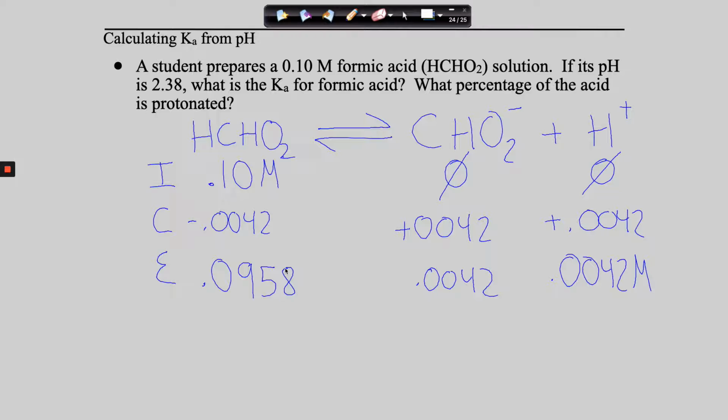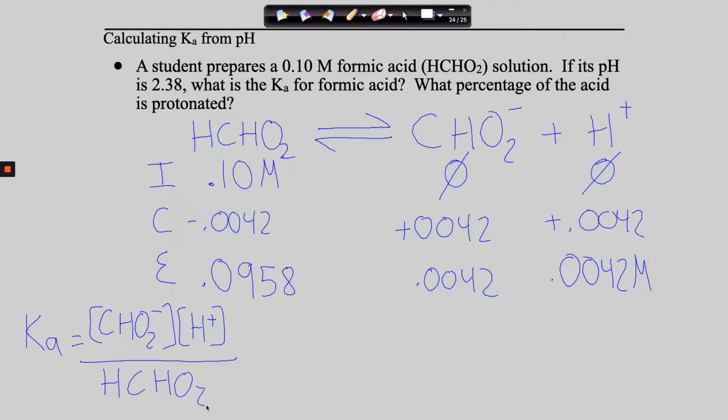And now, guys, let's come back to this. What are we solving for? Ka. So in order to solve for Ka, we need a Ka expression. And we're going to go Ka is equal to... And guys, I know this is low on the screen, but notice what I did not write down.